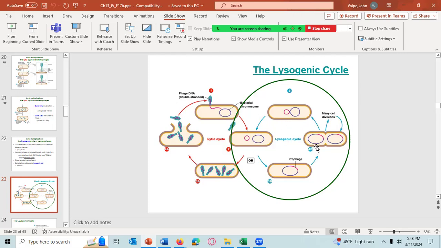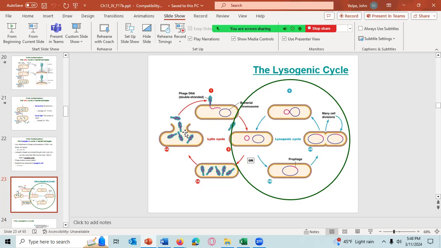If it does that, the prophage is excised from the host cell's chromosome. And then the virus enters the lytic life cycle where it replicates the viral genome and then replicates the viral capsid protein. The viruses self-assemble, and then the cell will be lysed, and that will release the newly replicated virions. Any questions about any of that?